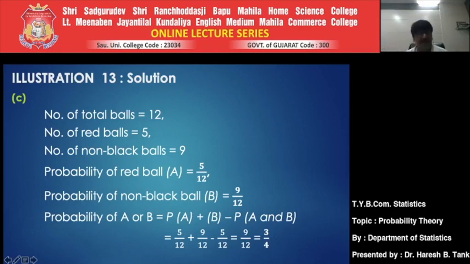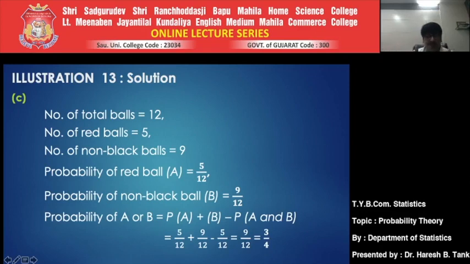Is it okay? Now, probability of A or B. That means probability of red ball or non-black ball. So it would be probability of A plus probability of B minus probability of A intersection B. Sorry, A and B. When the connector is AND, AND means it is always an intersection.